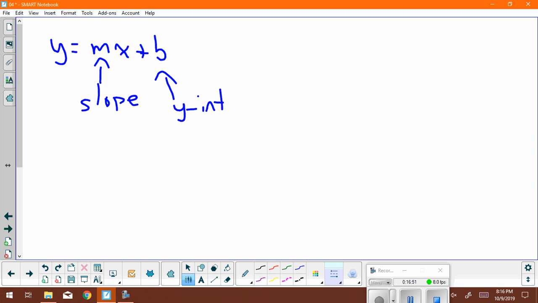And again, this will go back to grade 9 or 10. Slope is equal to y2 minus y1 over x2 minus x1. Okay, and I'm just going to copy over our points.